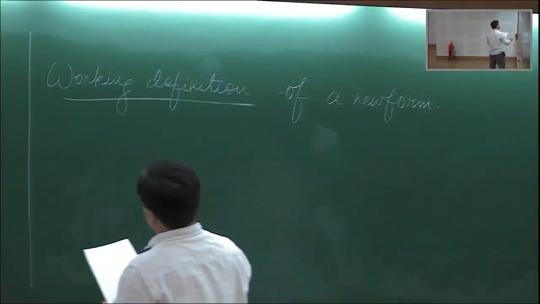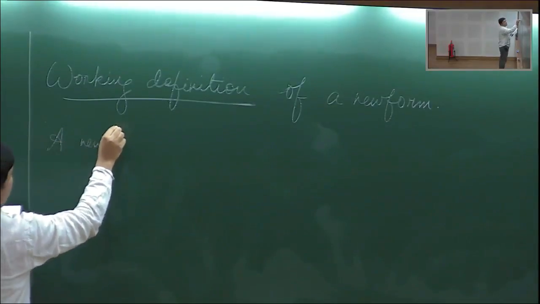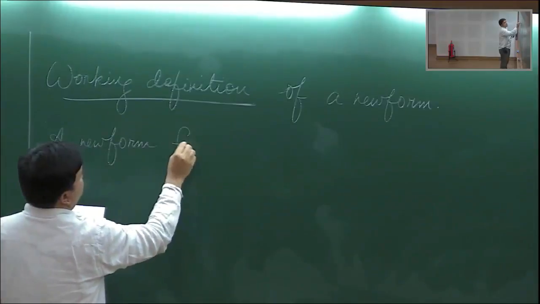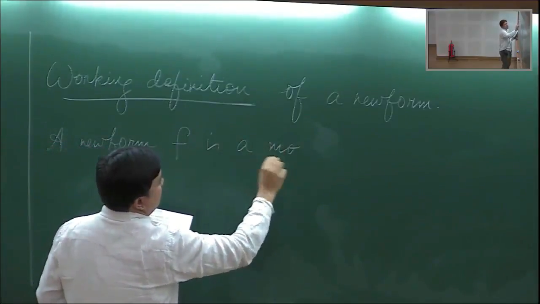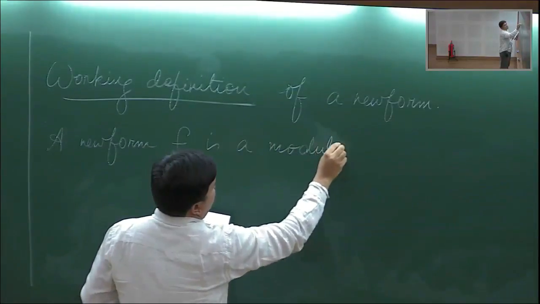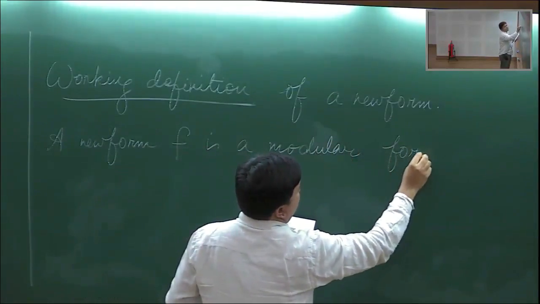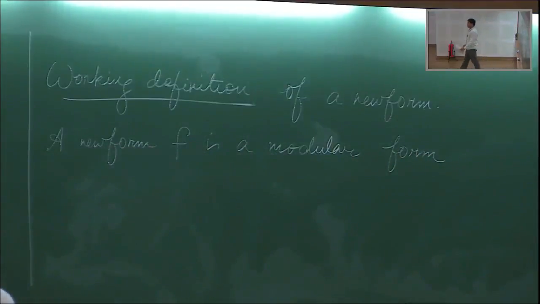So a newform f is a modular form, and a modular form is an elliptic function, f of z plus 1 equals f of z.